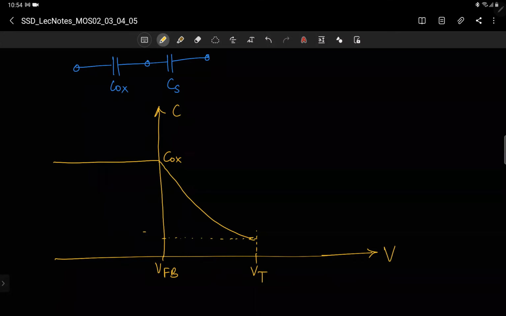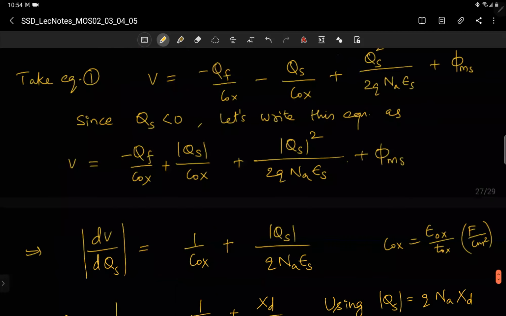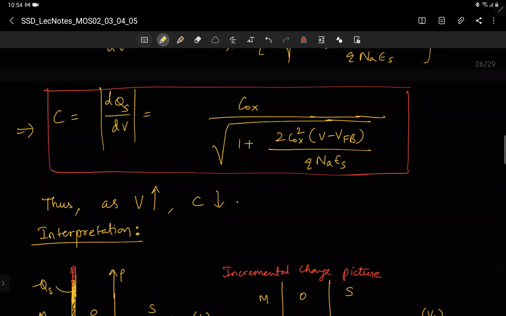This is called C min. C min will be C at V equal to VT. So just put that in the expression for C, which is derived here: COX by root over 1 plus 2 COX square into VT minus VFB by q NA epsilon S.